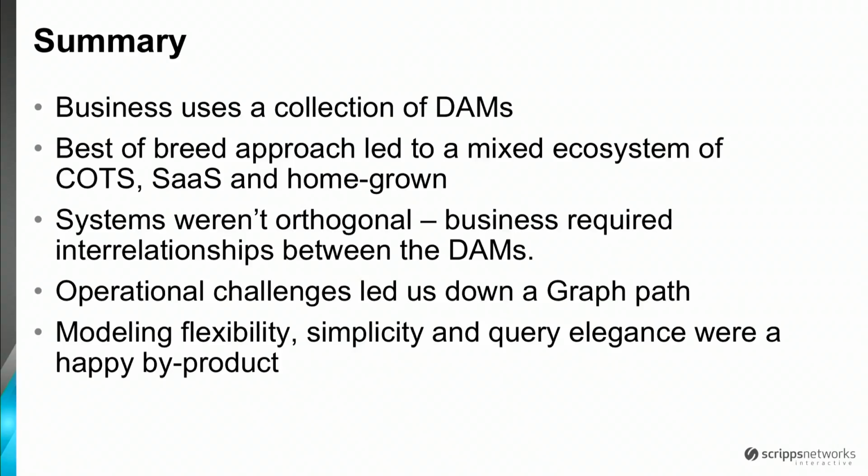We had operational challenges that led us away from certain types of systems and drove us towards a graph model, and we settled in nicely with Neo4j. And Neo4j provides us modeling flexibility and simplicity, and really the performance that we could get out of Neo4j also helped us out a lot.